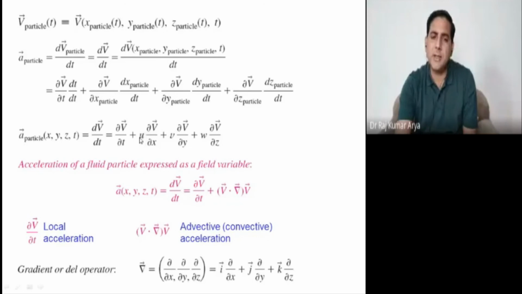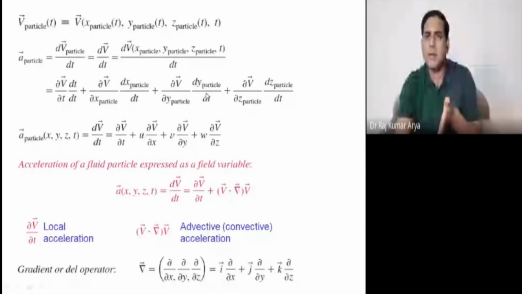So u is practically dx upon dt: the net movement of the particle in direction x divided by time. Same thing for v, which is dy upon dt: the movement of the particle in the y direction divided by time. This is the v component of the velocity. Same thing for del v upon del z: in the z direction, the movement divided by time. This is the w.